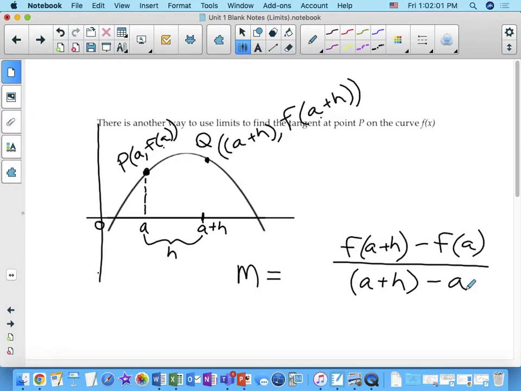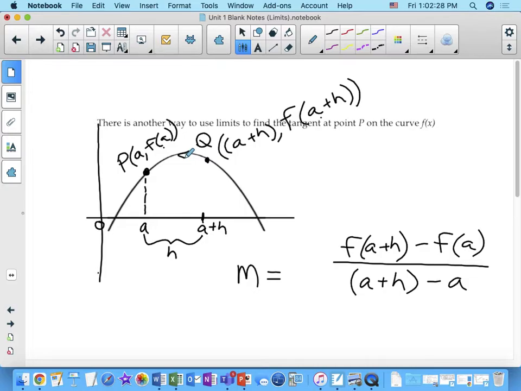Okay. Now, when I set things up this way, and I move Q closer and closer to P, what I'm doing is making the gap between these two points along the x-axis smaller and smaller. And the gap is h. So I'm getting h going smaller and smaller.